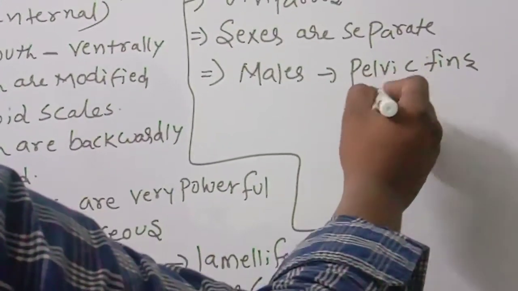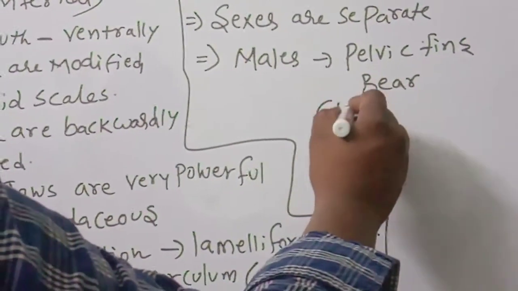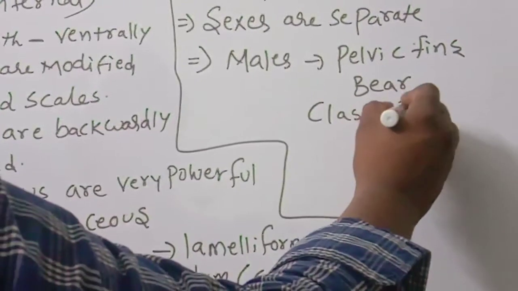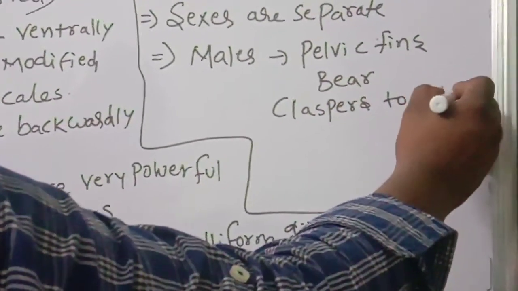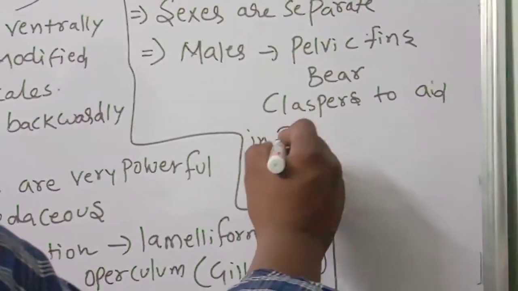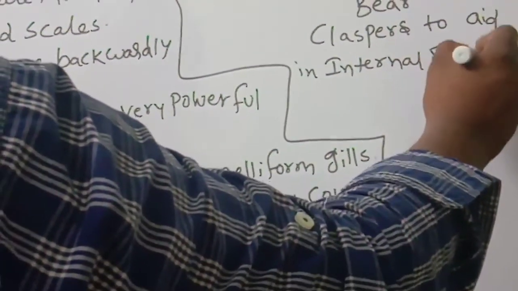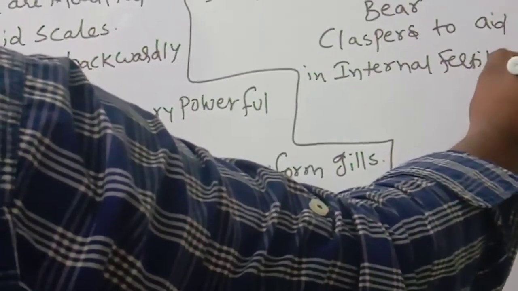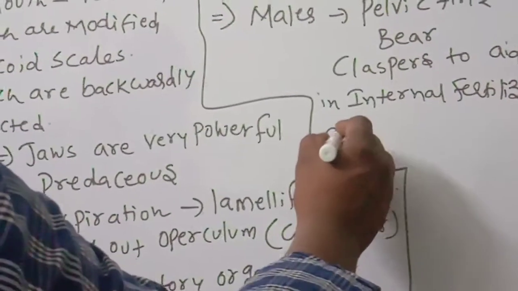Pelvic fins bear very important claspers, to aid in internal fertilization. Internal fertilization means that inside of the body, male and female gametes will be joined.